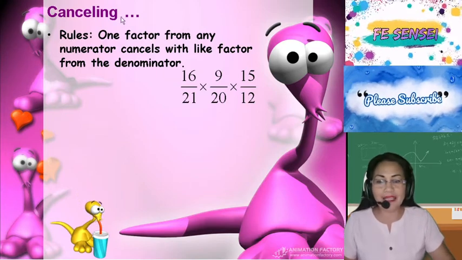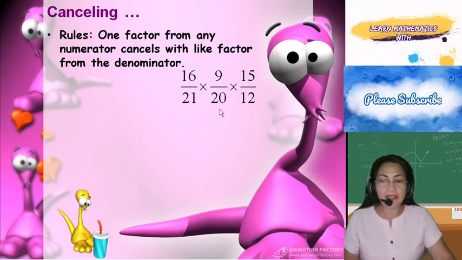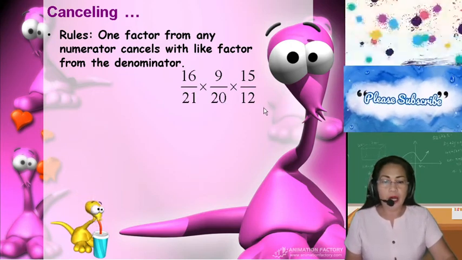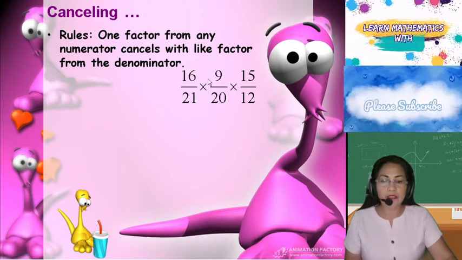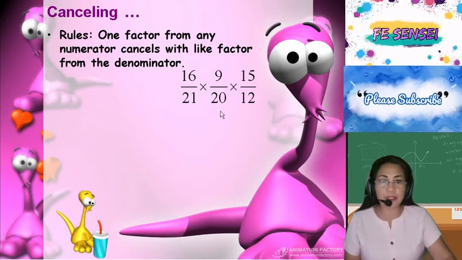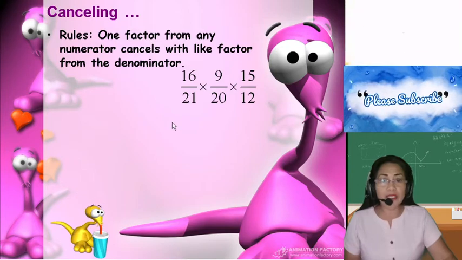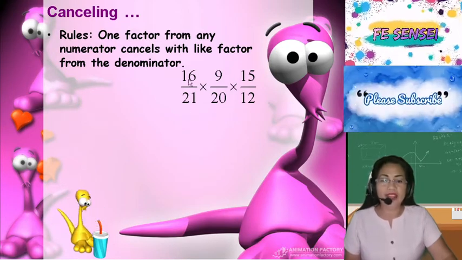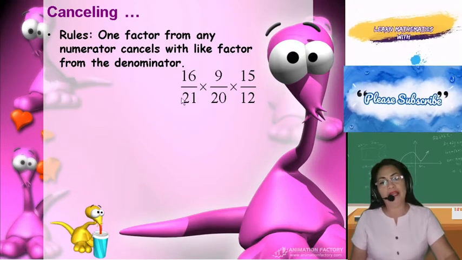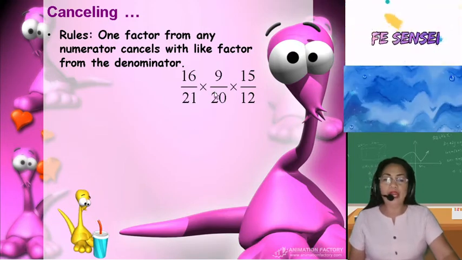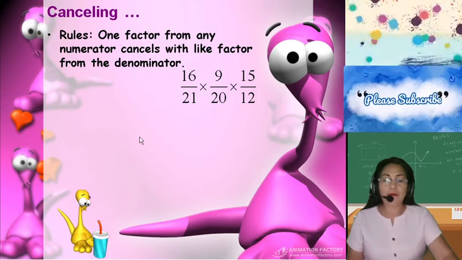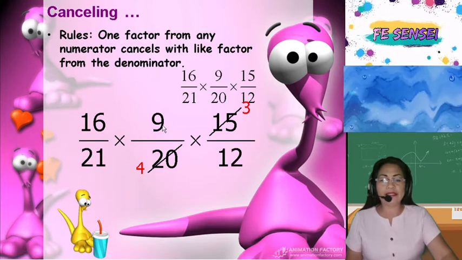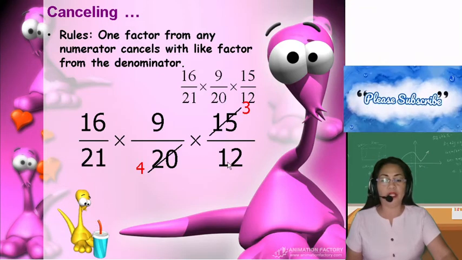Using the canceling method makes our computation easier, especially when there are more than two factors. Actually, we can multiply as many factors. So in this example, we're going to multiply 3 fractions.